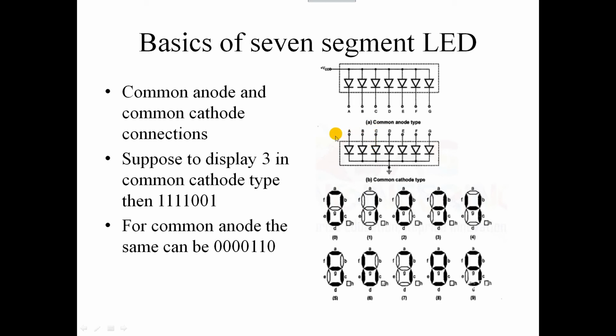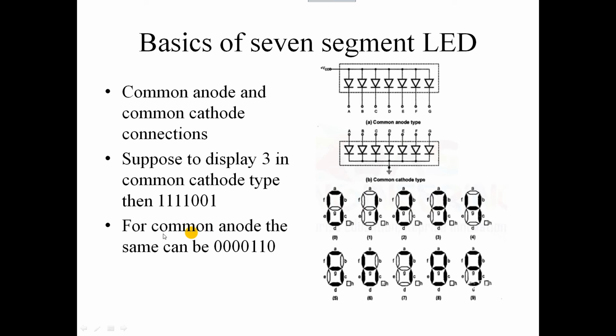Whenever we give 1 to these inputs, the corresponding LED is going to turn on. So we supply A, B, C, D as ones, and E, F will be supplied with 0, and G will be 1. By checking this diagram also, we can conclude this output.